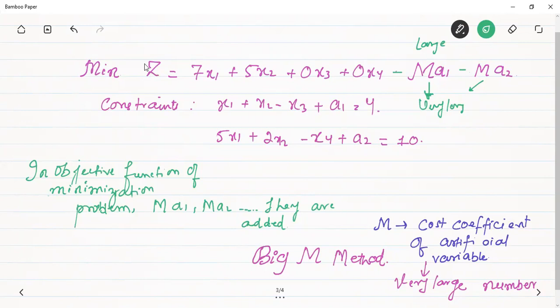When a very large number is getting subtracted, that will favor minimization. Sorry, मैं उल्टा बोल रहा हूँ, it will favor minimization. अगर आप किसी number से, suppose 7 से 1 subtract कर रहे हो और 7 से 6 subtract कर रहे हो, which is favorable for the minimization, subtracting 6 or subtracting 1?